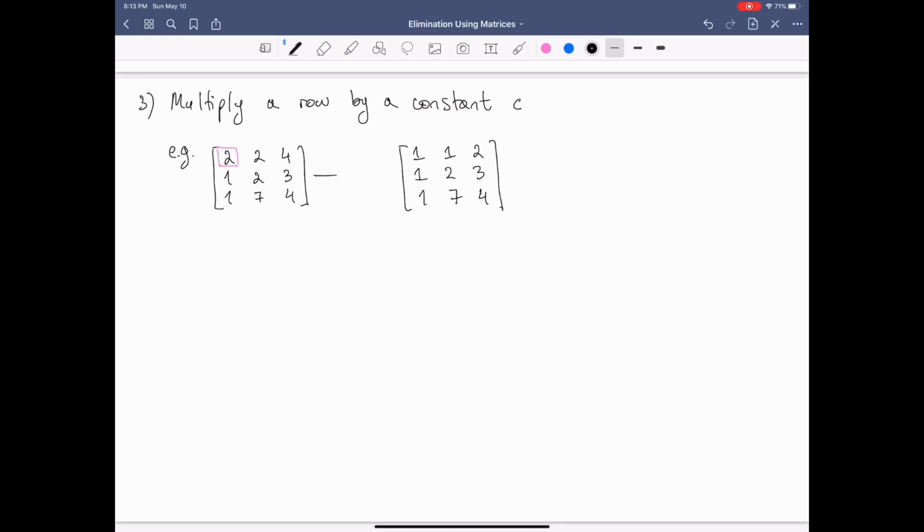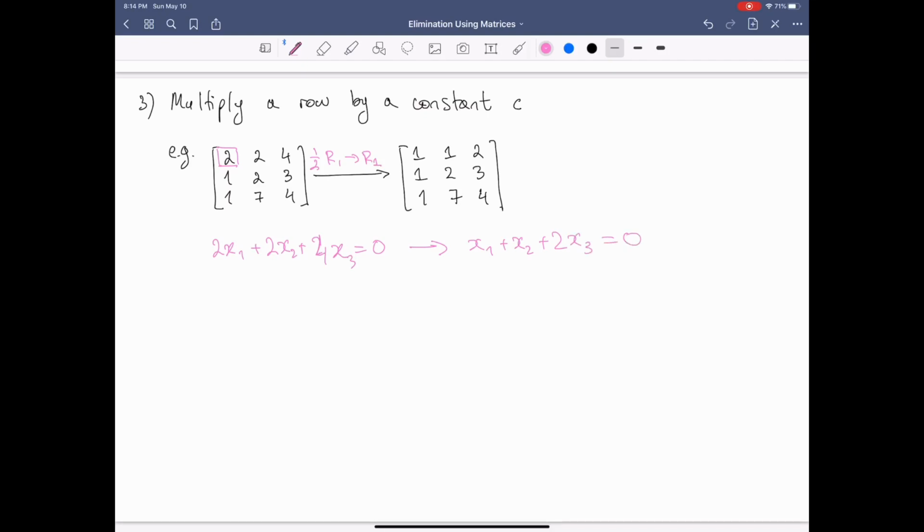So how do we do it? Well, the operation in question would be to multiply the first row by 1/2. If you multiply by 1/2, it's the same as if you divided by 2, and write that as the new row. This would correspond to something like this. If you had 2x1 plus 2x2 plus 4x3 equal to, let's say, 0, you would change that to x1 plus x2 plus 2x3 equal to 0.